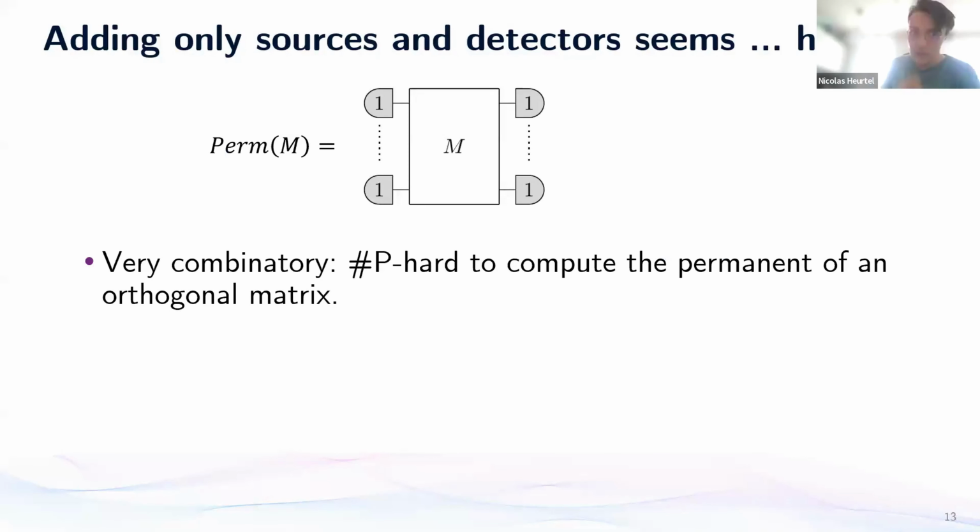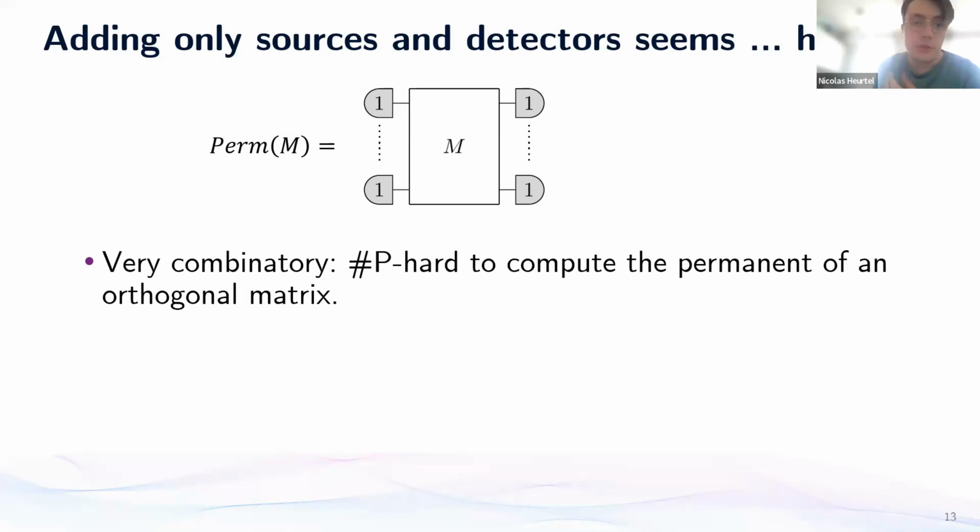And for those who know it, it's the permanent of the matrix M. The permanent is basically the sum over all the permutations in the matrix. So it's the same as a determinant, but without the minus signature. And that permanent is very hard to compute.